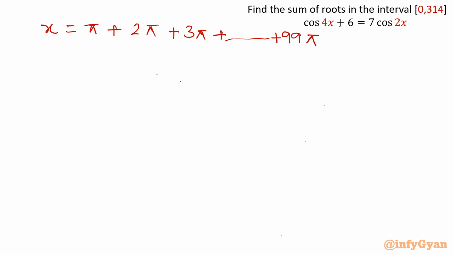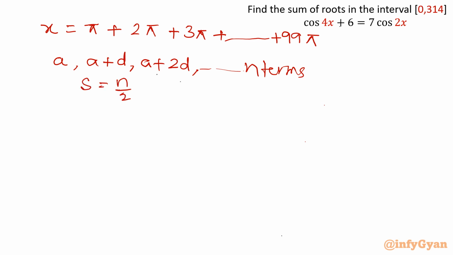How many terms are there? We will talk a bit about arithmetic progression. We know the arithmetic progression sum formula: if the progression elements are a, a plus d, a plus 2d, and so on, and the total number of terms is n, then the sum formula is n over 2 times 2a plus n minus 1 into d. This is the sum of an AP.